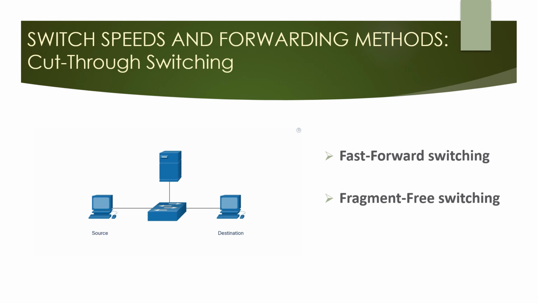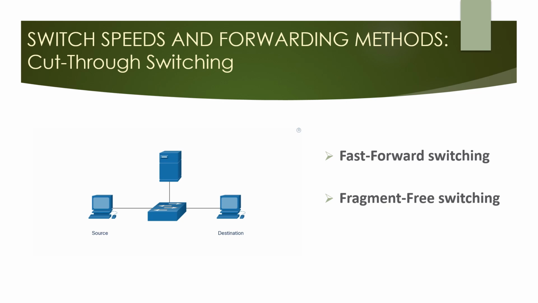This occurs infrequently, and the destination network interface cards discard the faulty packets upon receipt. In fast-forward mode, latency is measured from the first bit received to the first bit transmitted. Fast-forward switching is the typical cut-through method of switching.